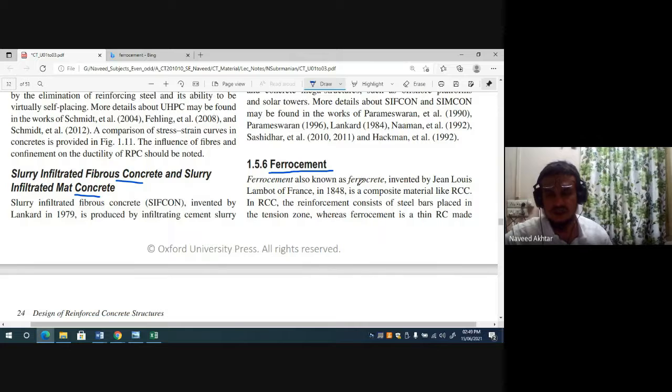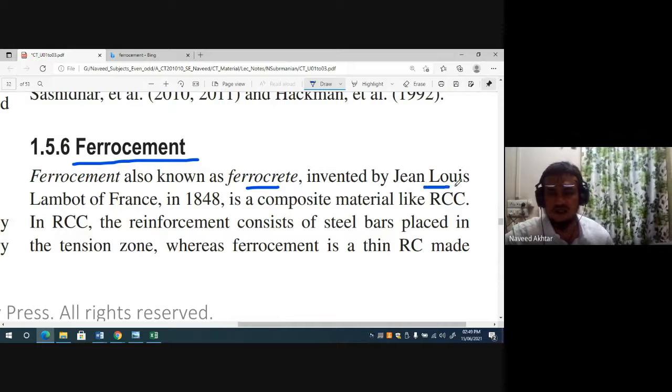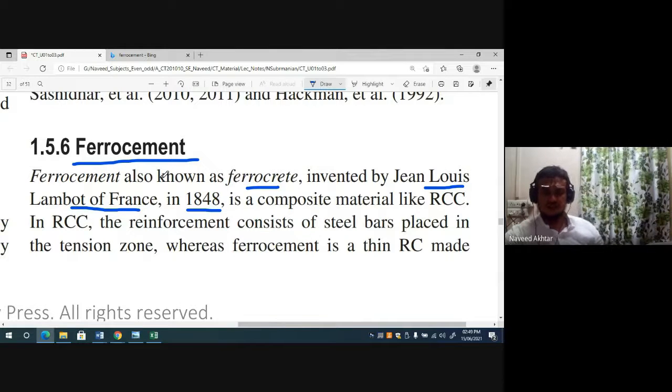Ferrocement is also known as ferrocrete. It was invented by Joseph Louis Lambot of France in 1848. So this is the French scientist who discovered ferrocement in 1848.